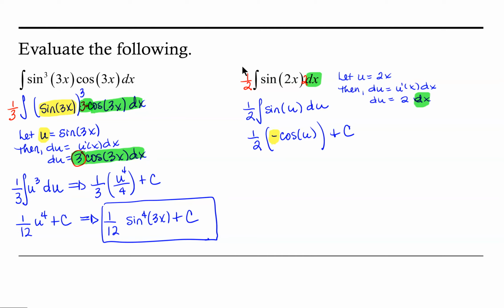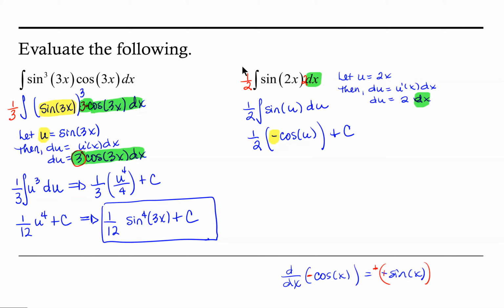Remember, this negative is necessary because the derivative of cosine of x is negative sine of x. And what I want is a positive sine of x. So I need to make my cosine negative, so I have a derivative that is positive sine.